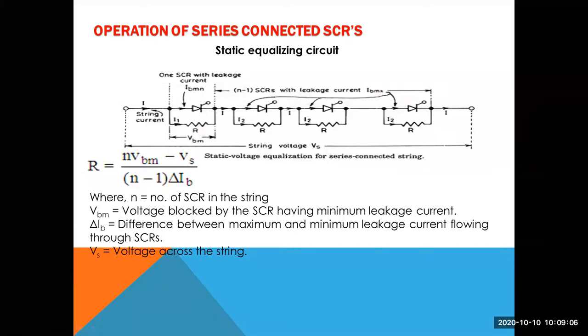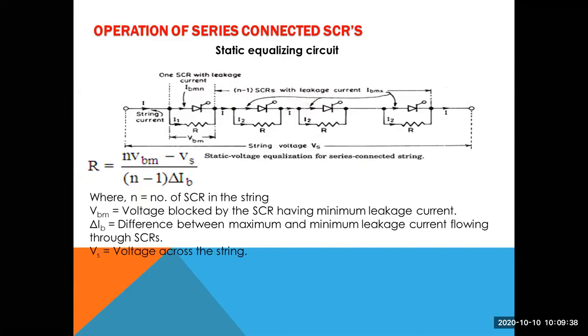Due to the unequal VI characteristics, we get those problems, and due to them we have 3 different disadvantages or problems while connecting SCRs in series or parallel.